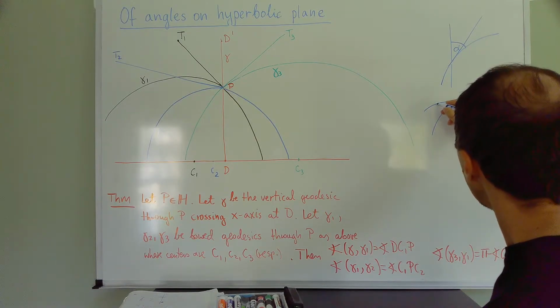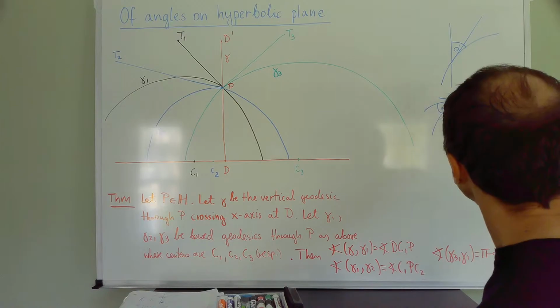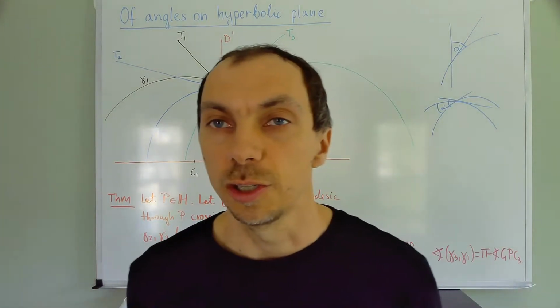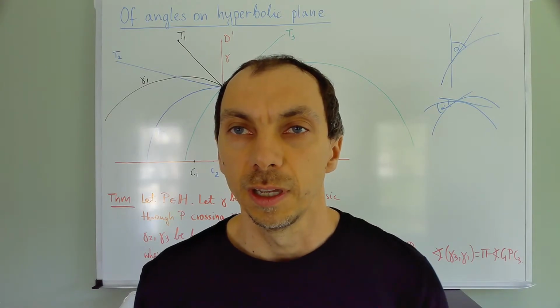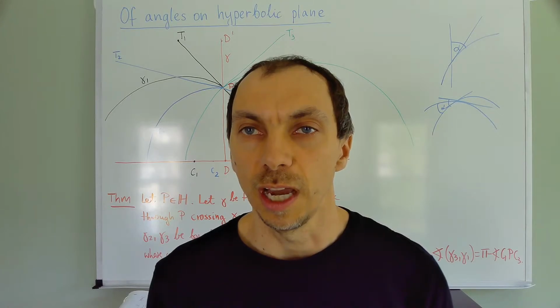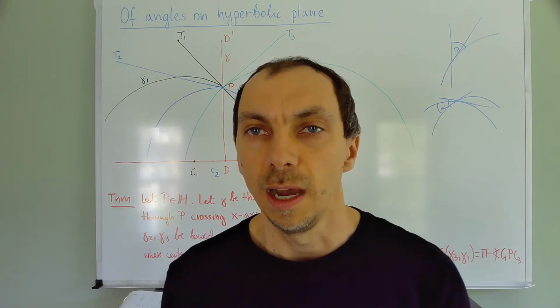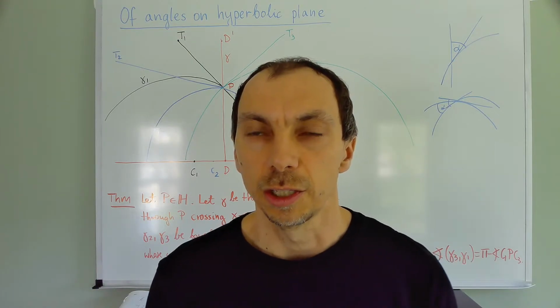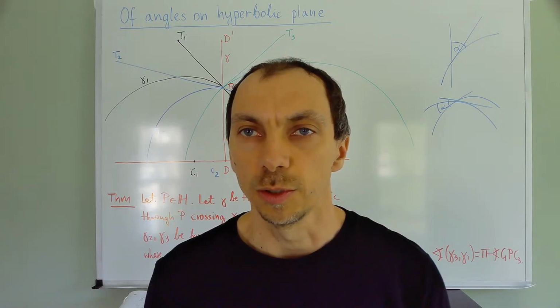If I want to know the angle between them, that's just the angle between the corresponding tangent lines. So for our purposes, if you're willing to believe me that this is a sensible way to define angles on the hyperbolic plane, namely for them to be the same as the Euclidean angles, it becomes quite feasible to compute angles on the hyperbolic plane.